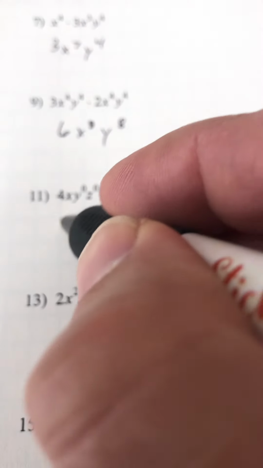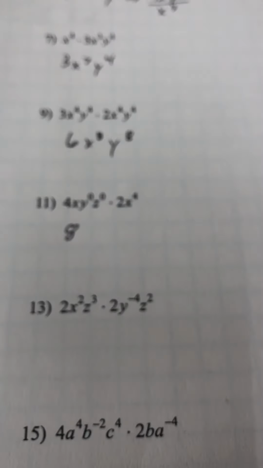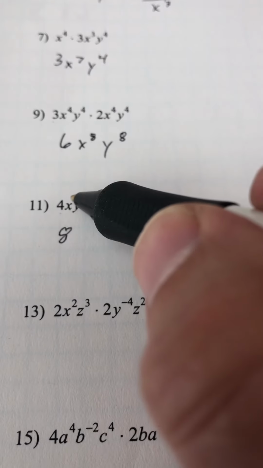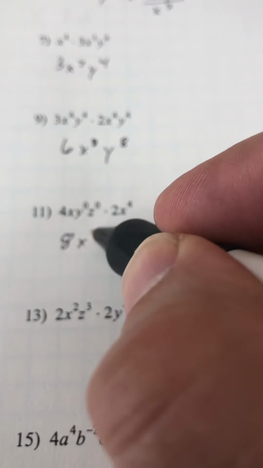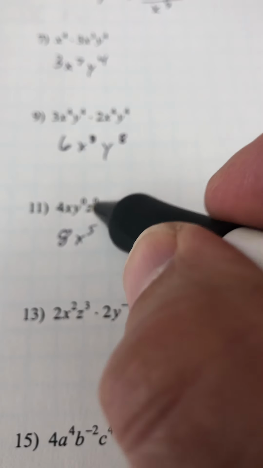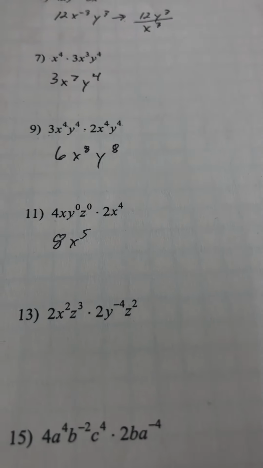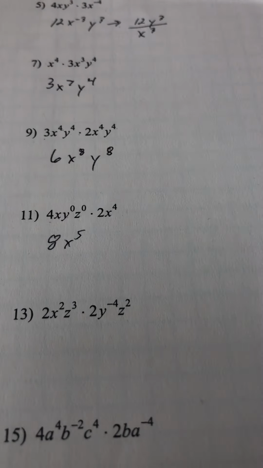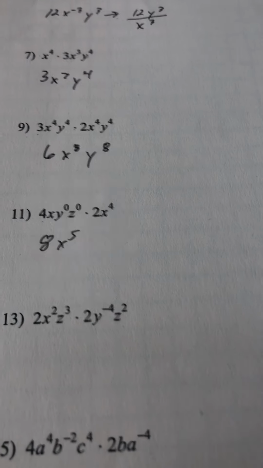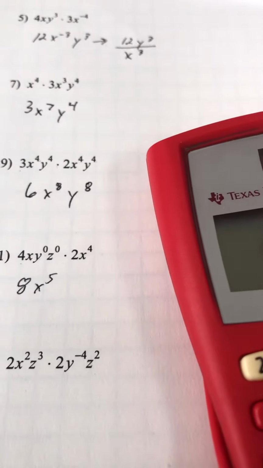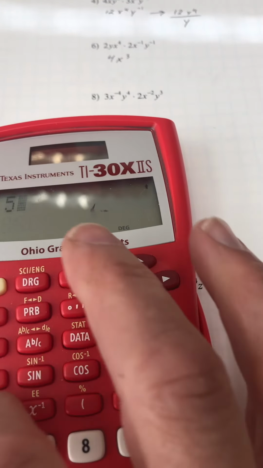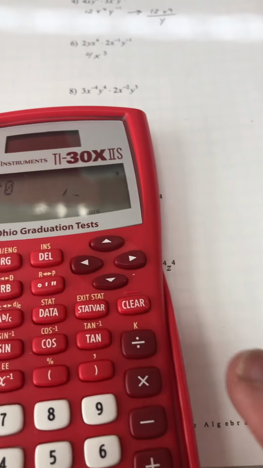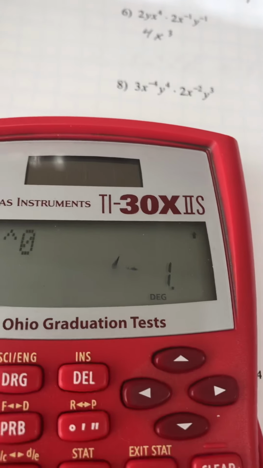4 times 2 is 8. And then I have x to the 1st and to the 4th. 4 plus 1 is 5. And y to the 0, z to the 0 ends up being 1. If you were to take any number, let's take 5 to the 0 power, it just ends up being a 1.